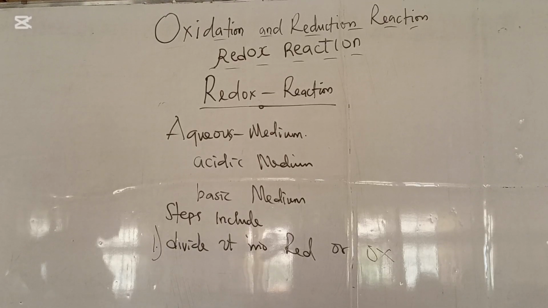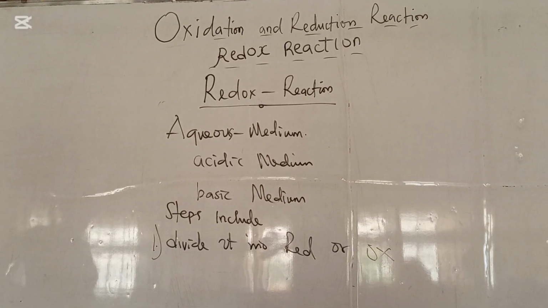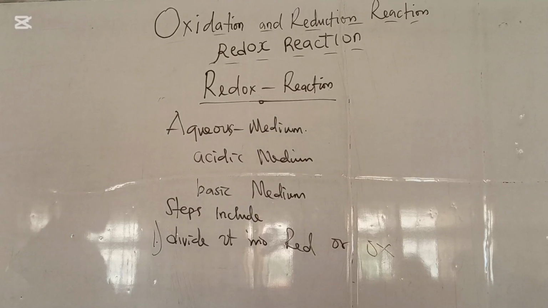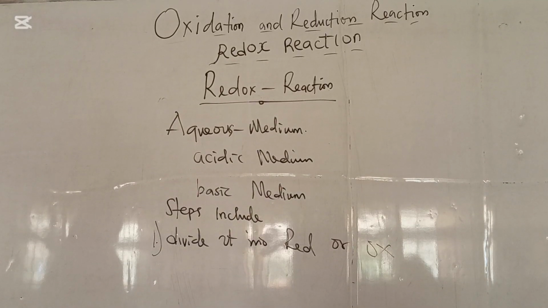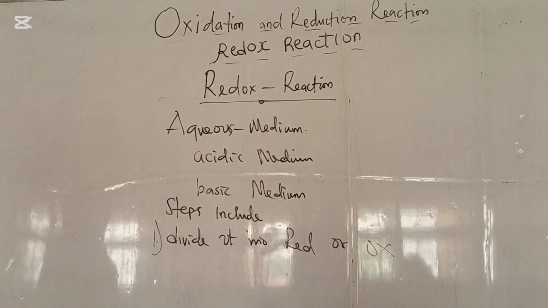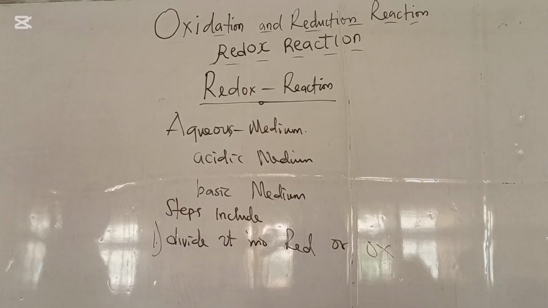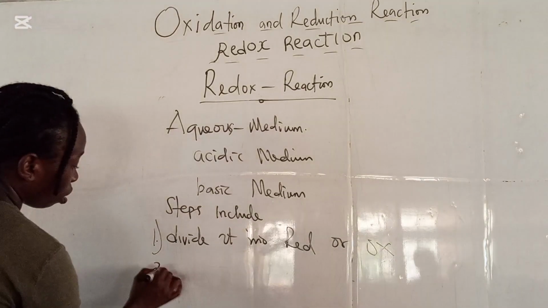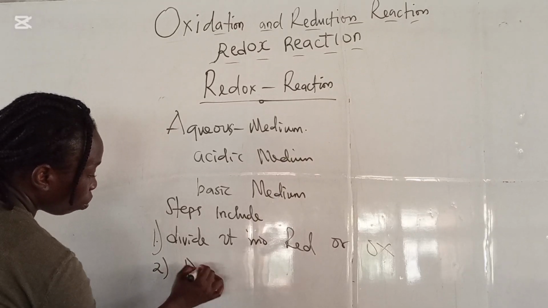3. Balance hydrogen by adding hydrogen ion to the deficient side of the equation. Number 2 is to add water.